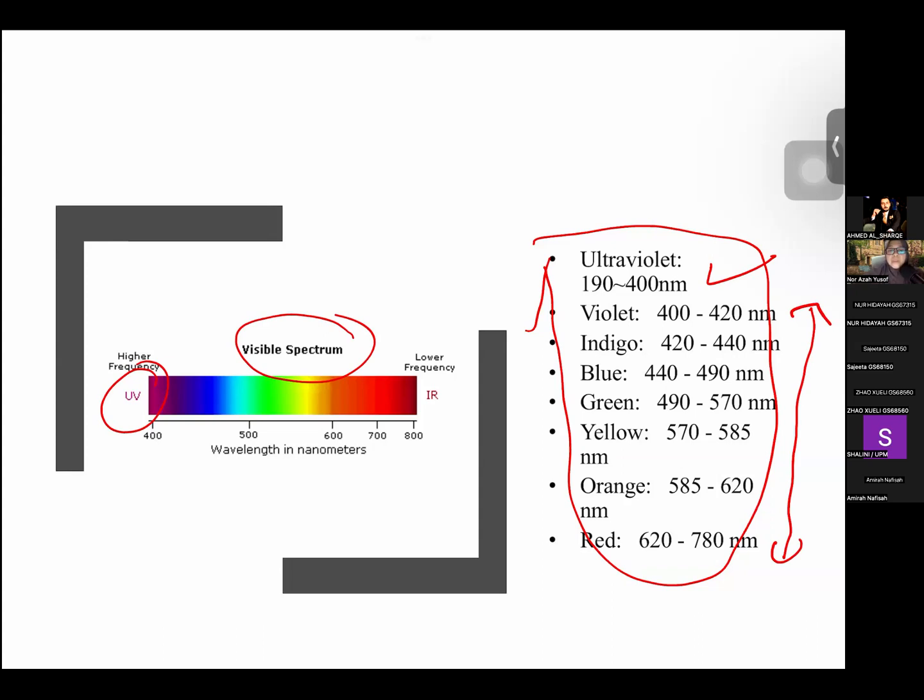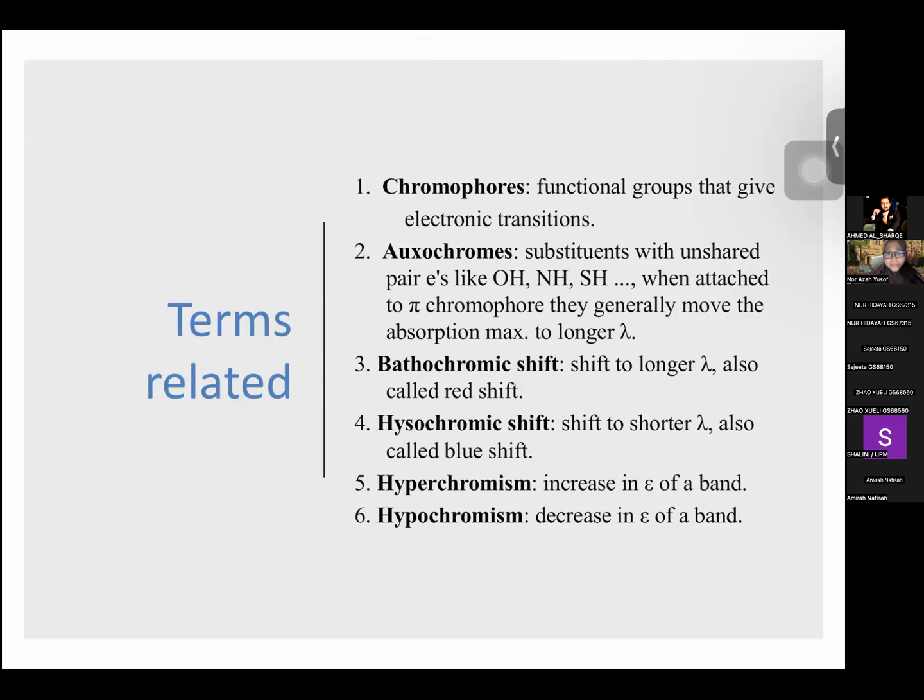I hope you remember that the electromagnetic spectrum has many ranges, which involve radio frequency, microwave, IR, near IR. But for UV-Vis spectroscopy, we are talking about ultraviolet and visible only. So this is the region.